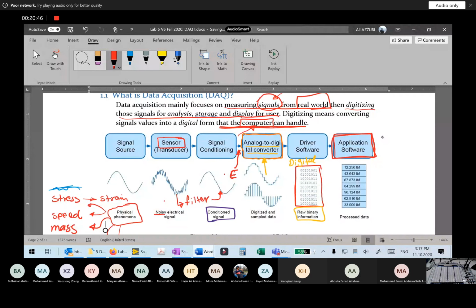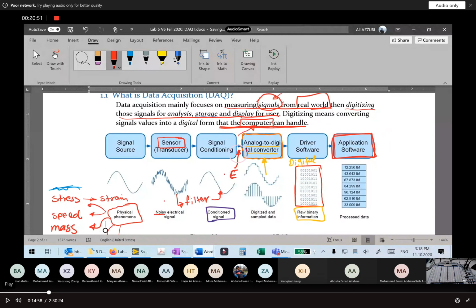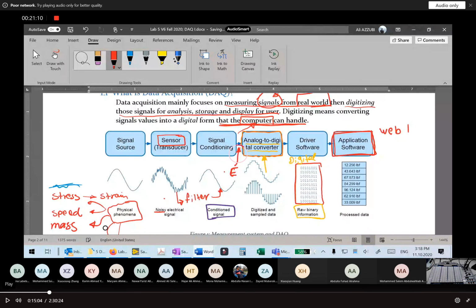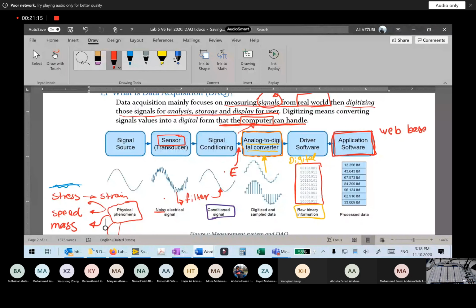We will use what you call measurement live soft panels. So we'll use web-based soft panels.